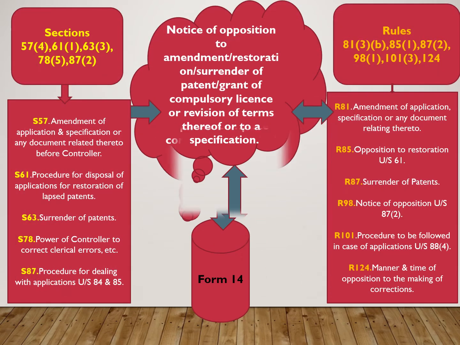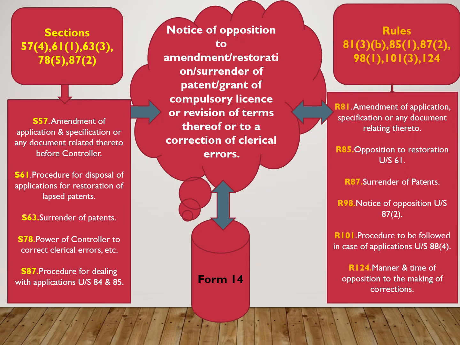Next we will go to form number 14. The title is Notice of Opposition to Amendment or Restoration or Surrender of Patent or Grant of Compulsory License or Revision of Terms thereof or to a correction of clerical errors. So all these things are included here in form 14.